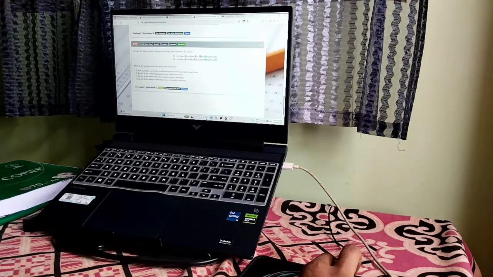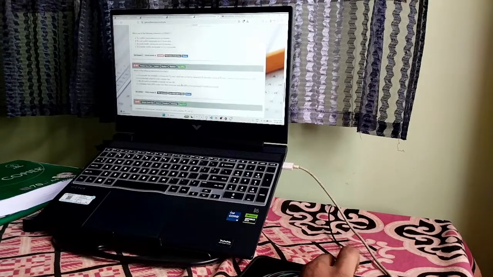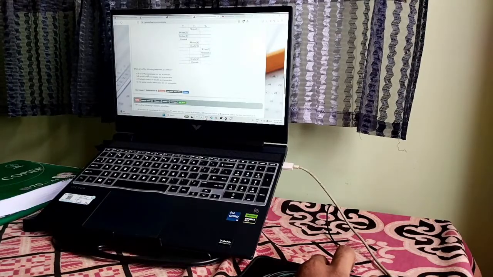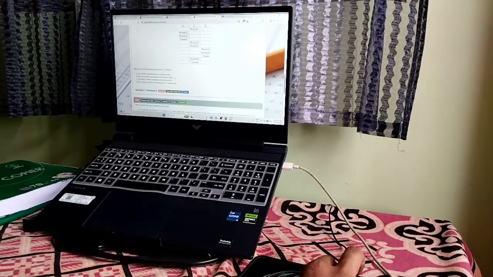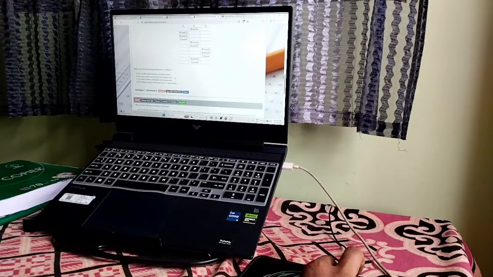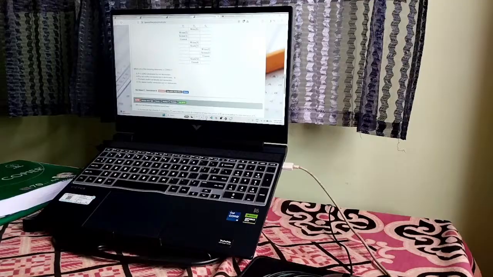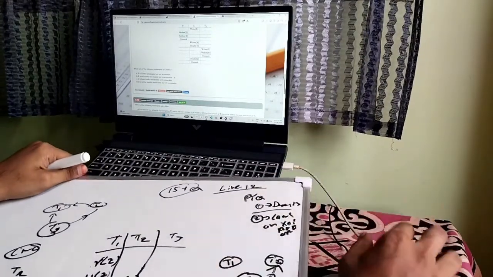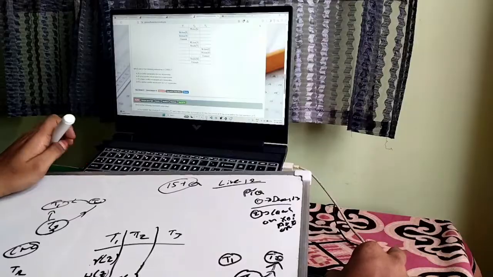Okay, so what is this? Given option B, S1 is not conflict serializable, but recoverable. Yeah, wait. See, there is a cycle present.